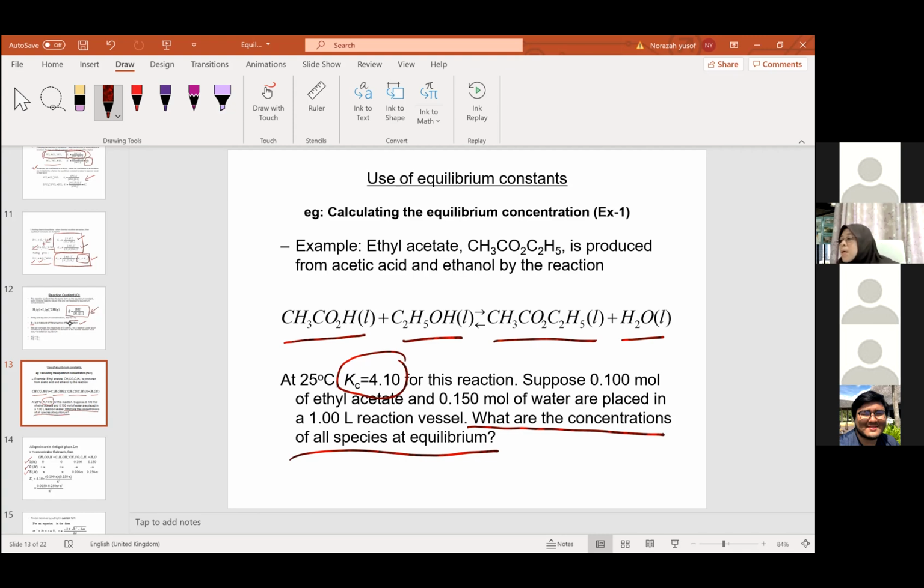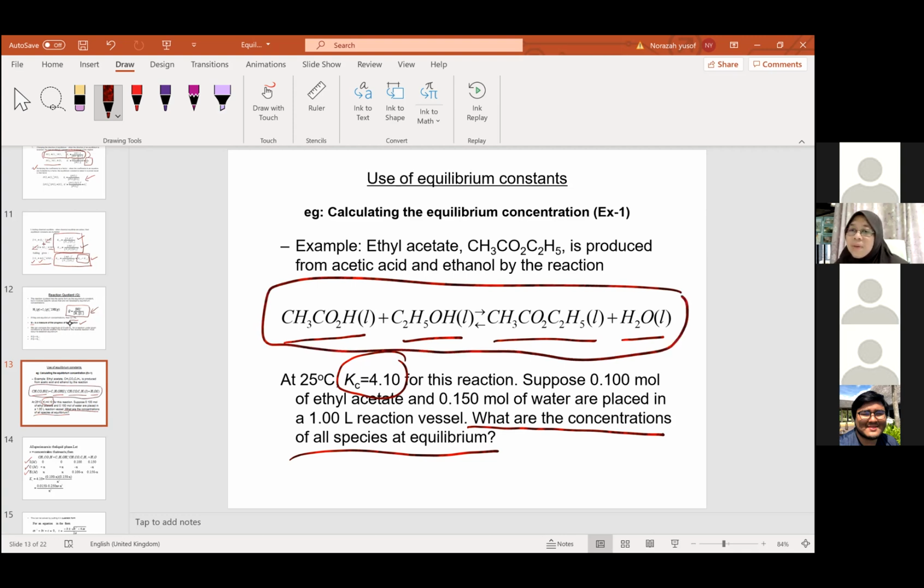So now you are having an external factor. Okay. So this is the original reaction. Not to say external factor, but this is different. If you look at this, we are supposed to evaluate the reaction of acetic acid with ethanol forming ethyl acetate, but given to you is 0.1 mole ethyl acetate and 0.15 mole of water.